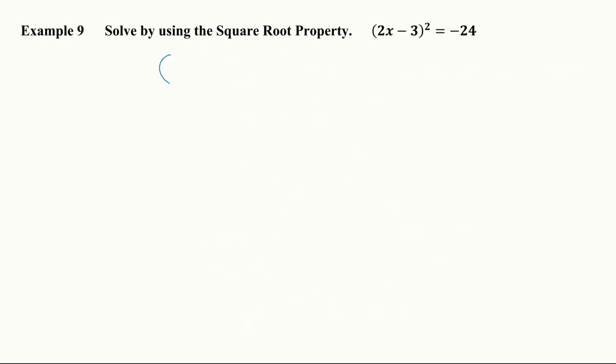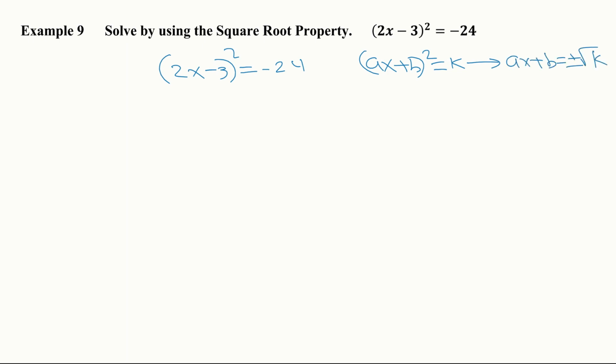All right, so quantity 2x minus 3 squared equals negative 24. We are in the form of quantity ax plus b squared equals k. Therefore, ax plus b must be plus or minus square root of k. So we end up with 2x minus 3 equals plus or minus square root of negative 24.